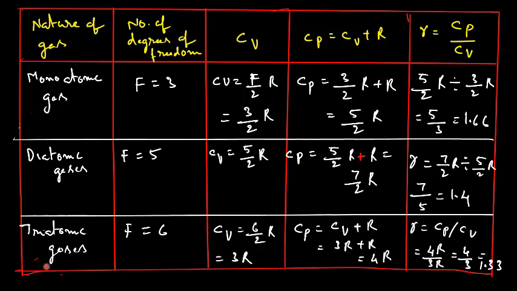Whereas for triatomic gases, number of degrees of freedom F equal to 6, Cv equal to 6 by 2 R equal to 3R, Cp equal to Cv plus R, that is 3R plus R equal to 4R. Whereas gamma equal to ratio of molar heat capacity at constant pressure to the molar heat capacity at constant volume, that is nothing but 4R by 3R is equal to 1.33.